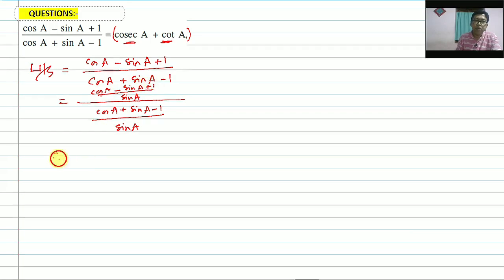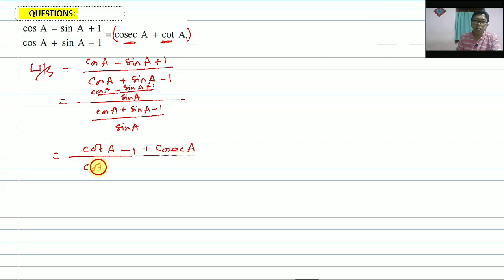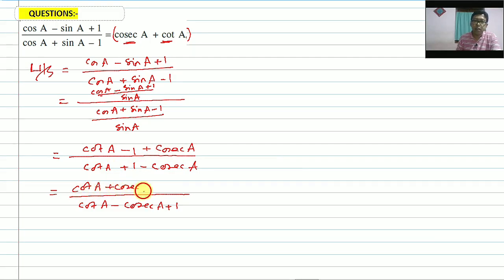Okay, so that you get here cos A divided by sine A, that is cot of A, minus 1 plus 1 upon sine A, means cosec A, whole divided by cot of A plus 1 minus cosec A. Now your denominator will be left as usual, cot A minus cosec A plus 1, and this numerator will be adjusted, cot A plus cosec A.